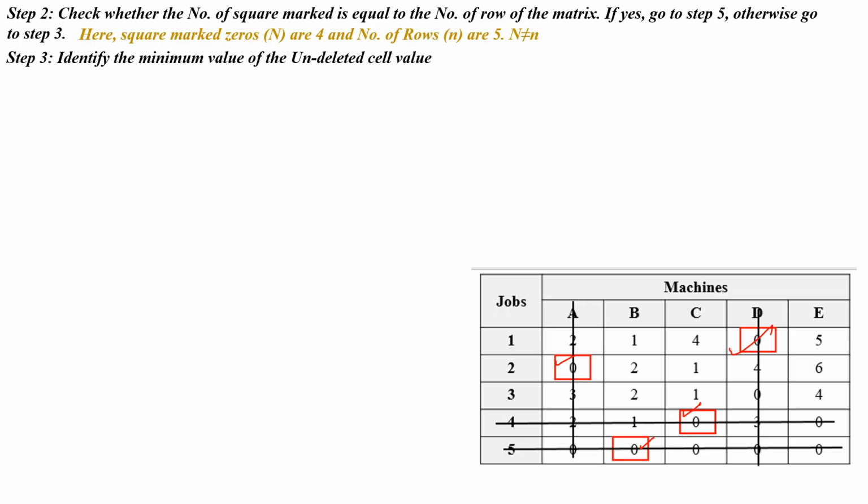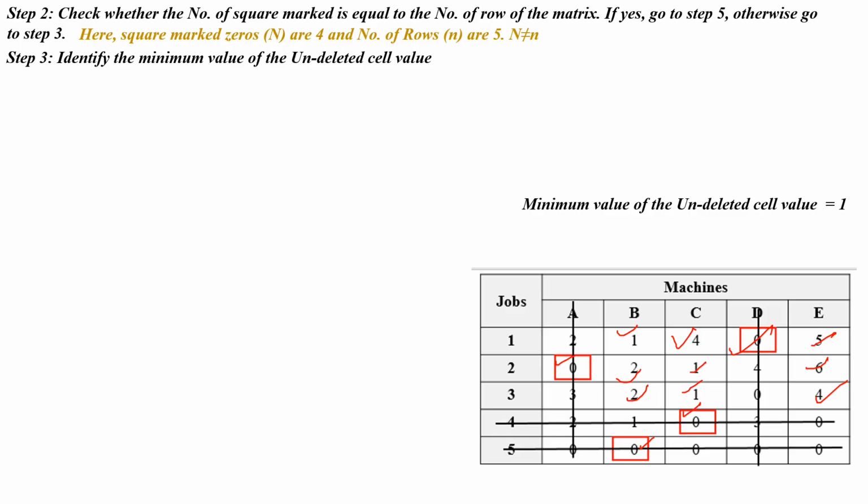Step 3 is to identify the minimum value of the undeleted cells. Here these are the undeleted cell values. Among these values we have to select the minimum value. So that minimum value is 1.